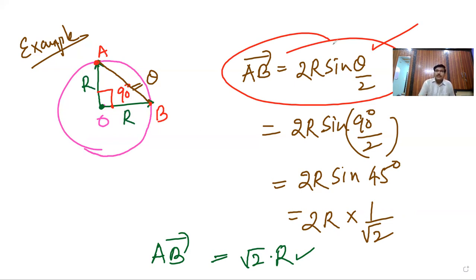Okay, hope you have understood the problem carefully. In this case, we have found the difference of vectors. In the earlier cases, we found the addition of vectors, either by triangular addition or by the parallelogram law. But in today's case, we found the difference of vectors by means of the parallelogram law. How? Parallelogram law is only useful for addition, but by making use of the same parallelogram law, we found the difference of vectors.